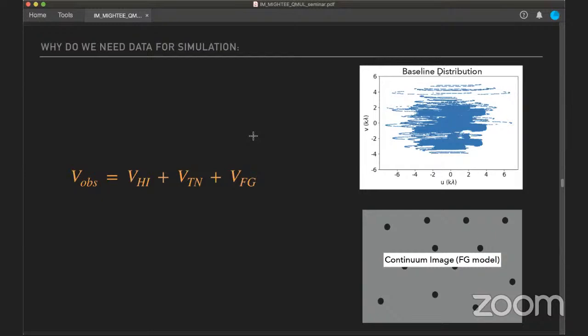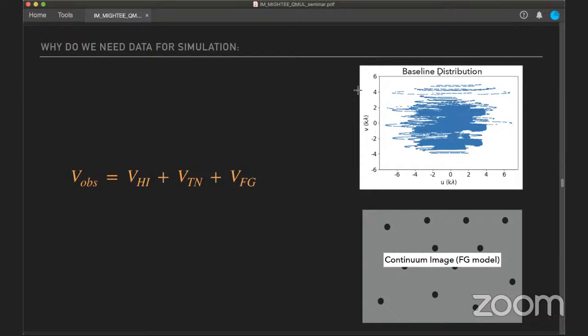To simulate the H1, thermal noise and foregrounds, we need the baseline distribution. We could simulate it from the antenna distribution, but we can also get it from the actual MeerKAT observation. And we can then compare our outcome to the power spectrum that we obtain from the data.